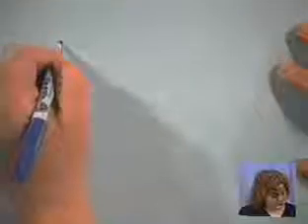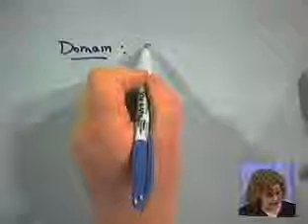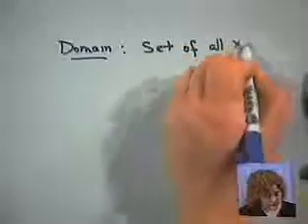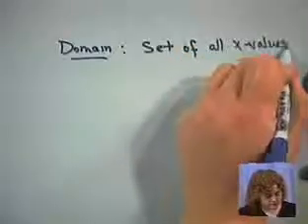So let's start with some definitions. Domain. The domain is simply the set of all the x's that you have, all the x coordinates, set of all the x values that you have in your relation.